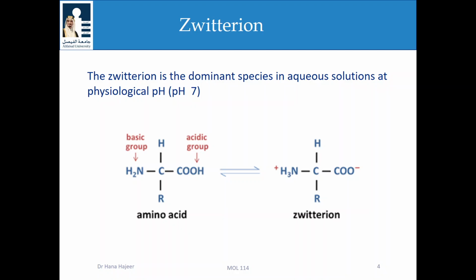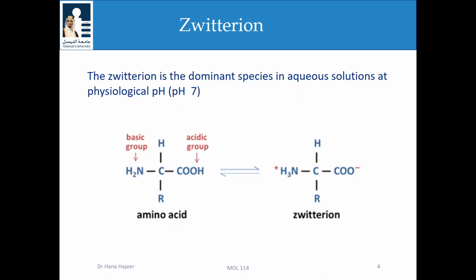What is the peptide bond? Yes, it's the bond that joins amino acids together to form a protein. So all the peptide bonds are going to involve the carboxyl group and the amino group, so they're going to be busy.